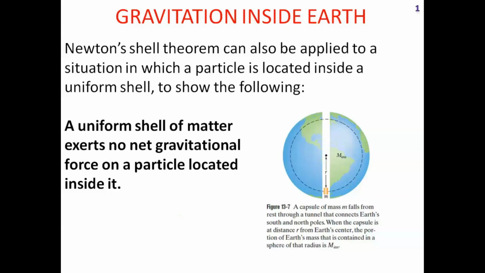A uniform shell of matter exerts no gravitational force on a particle located inside. For example, the capsule is located at this position, which is at distance r from the center.